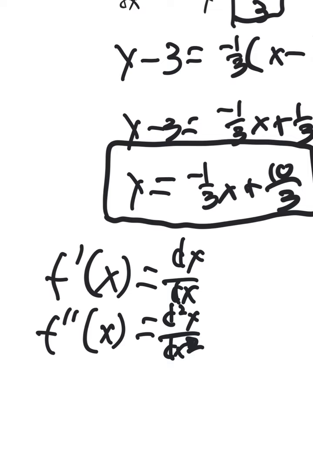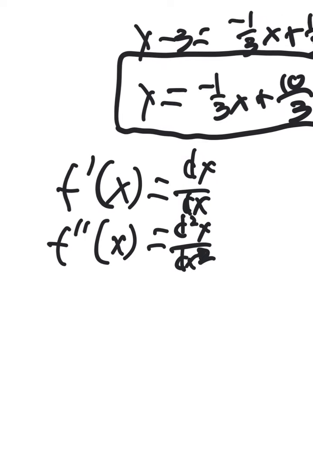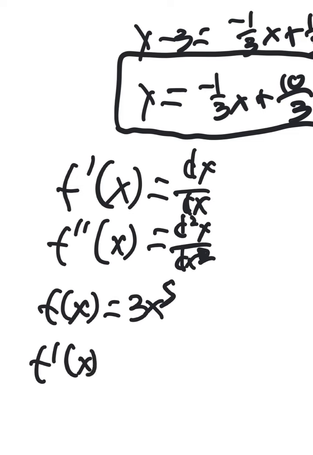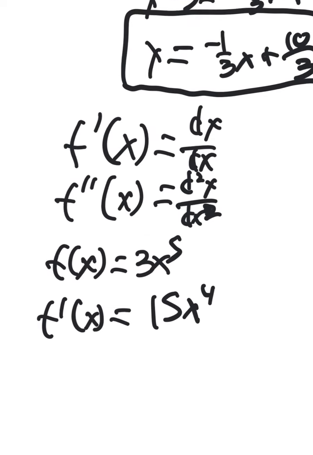Well, now what if we wanted to keep going? We could just take more and more derivatives. If we want to find the rate of change of the rate of change, the second derivative, we can do that. Let's say we have f of x equals 3x to the fifth. Then f prime, the derivative, is going to be 15x to the fourth because of the power rule, right?